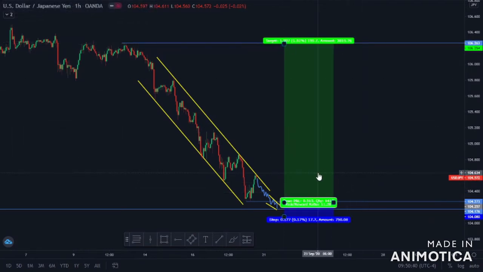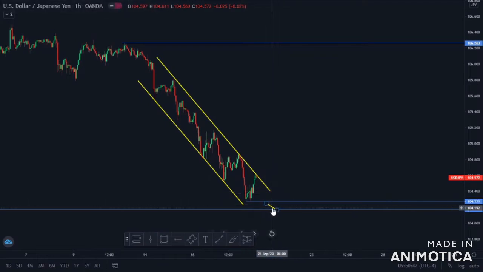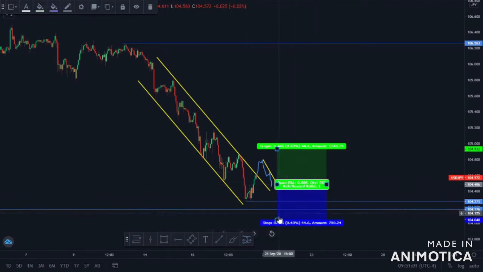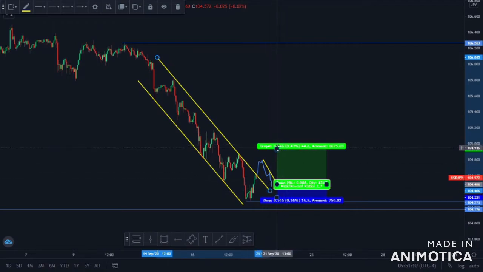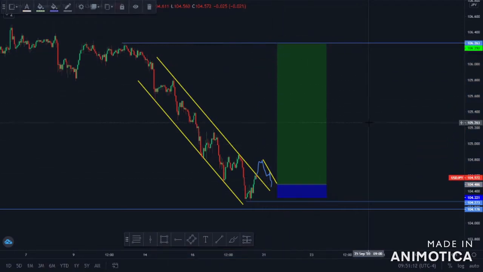Alright, or if that does not play out, you could wait for price to obviously move higher and then come back down to respect this trend line. Okay, and you would have something like that, obviously with your buy there and your stop loss right beneath the structure that would form, that respected the trend line, and then obviously long-term target the same.